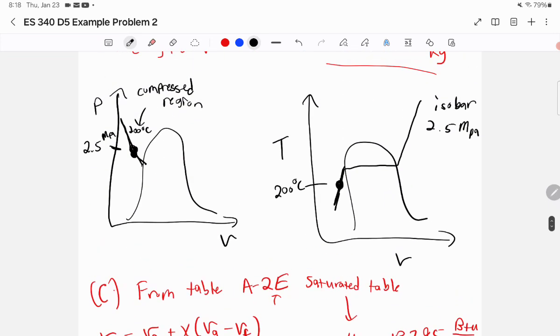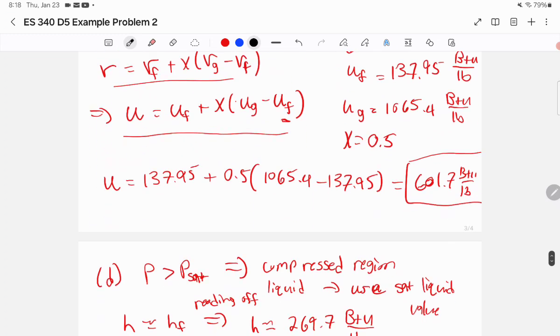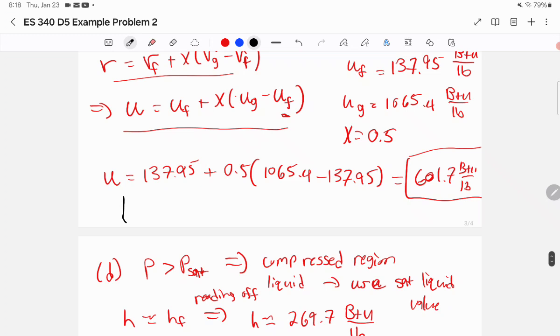Oh, by the way, I think I missed the plots up here. This one, let's make a little plot. The PV looks something like this, and it's going to go right in between, halfway in between. Okay, and it's going to be the same thing for the TV, because it's a 50-50 mixture.